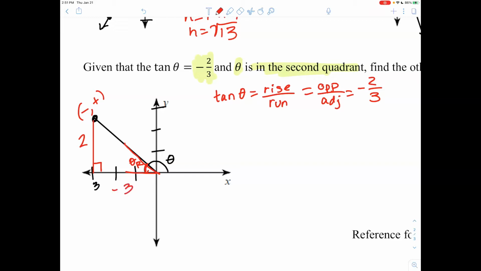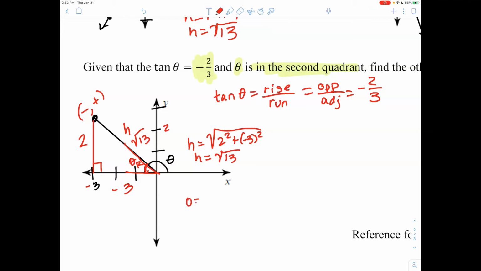And a run of -3, but I better put a -3 on that. So there's our picture. We're looking for our hypotenuse again. So the hypotenuse is equal to the square root of 2 squared plus -3 squared. I believe that would be 4 plus 9, square root of 13. So there's the square root of 13.